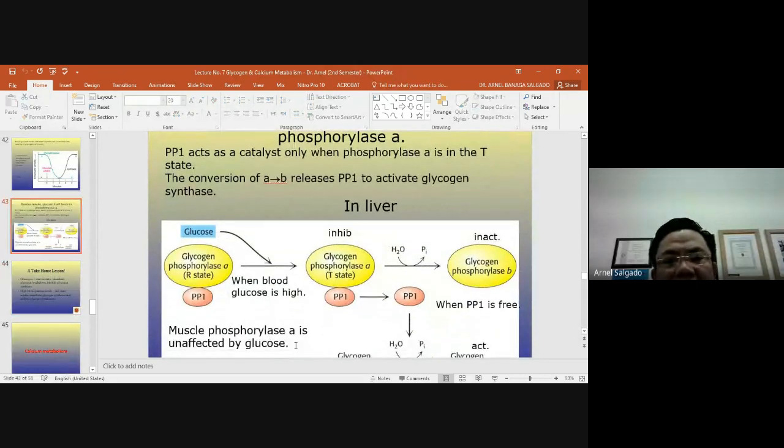Now, on the other hand, the muscle phosphorylase A is unaffected by glucose. That's the reason why the main regulator of the level of sugar in the body will be the liver, just because of its function, that is to store and to provide sugar whenever it's needed.